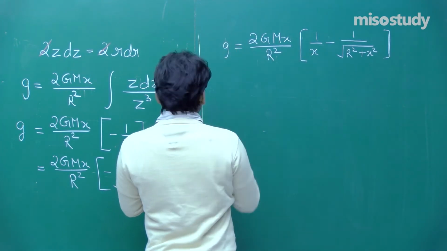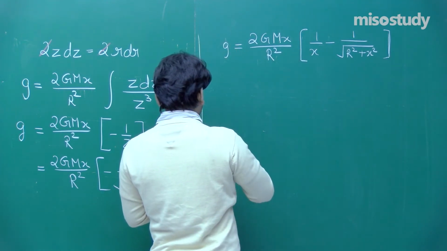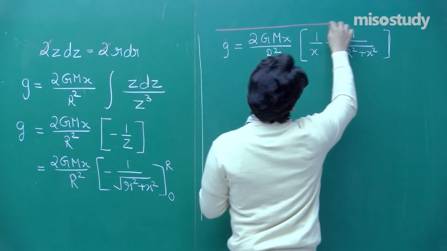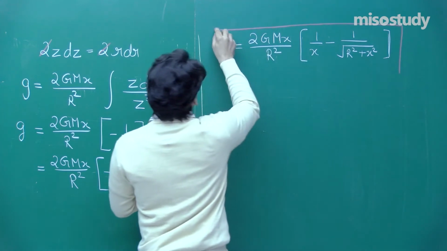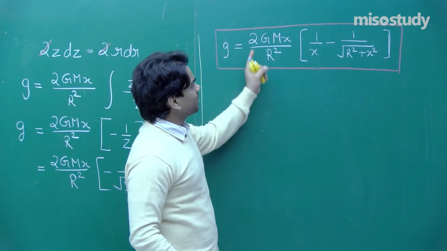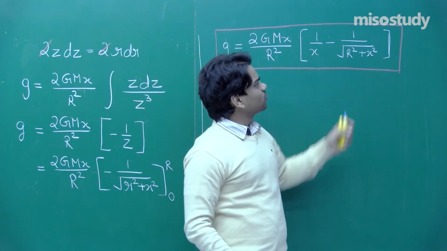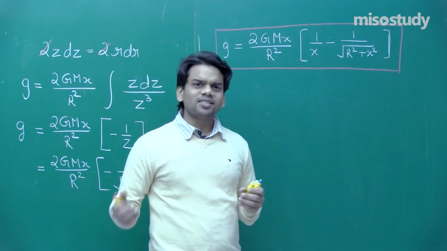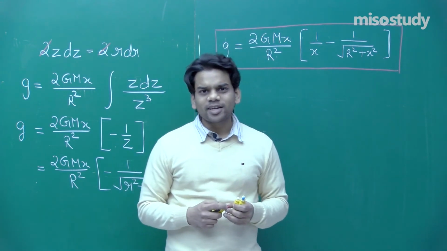This is the value of the field strength that we were required to obtain. So we got the value of field strength as this. I am encircling it. I hope that you can take note till here. 2g mx upon r square, 1 by x minus 1 upon under root r square plus x square. Let's go ahead, let's try to simplify and let's try to make it in such a form that we can easily remember it.